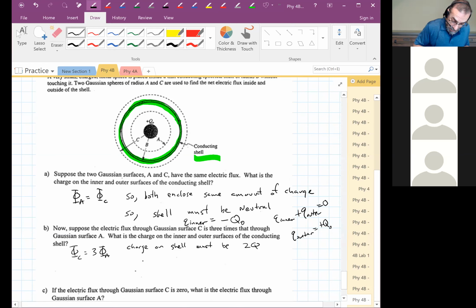Q inner does not change, right? That's still minus Q. And Q inner plus Q outer has to be positive 2Q.